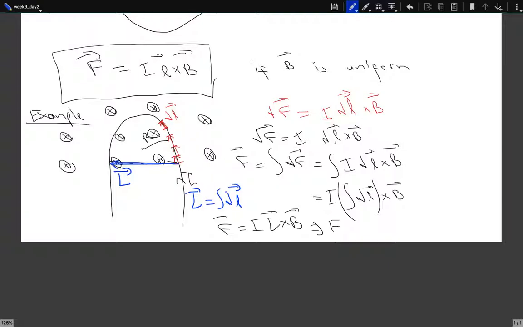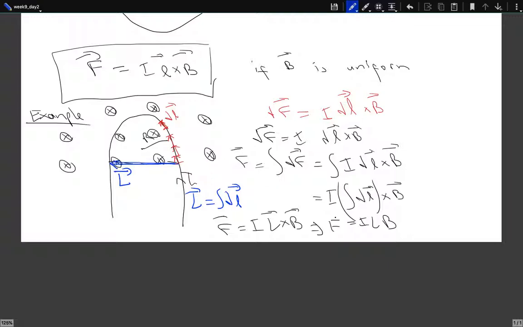What is the magnitude? ILB. You see, the cross product, the magnitude is the product of the magnitudes multiplied by the sine of the angle between the two. L is in that direction, B is in that direction, and the angle between the two is 90 degrees. So sine of 90 is just 1. So the magnitude is ILB. The direction? In the y direction. That way.